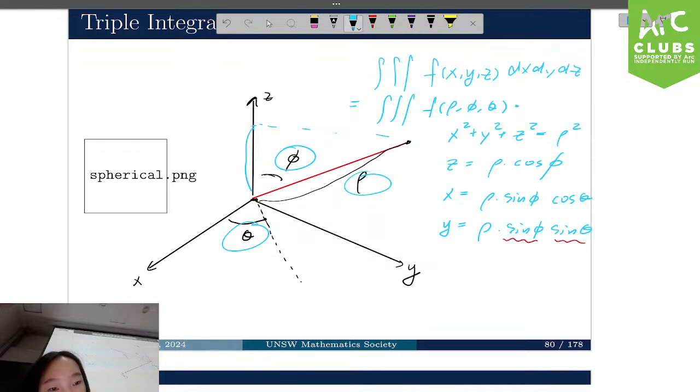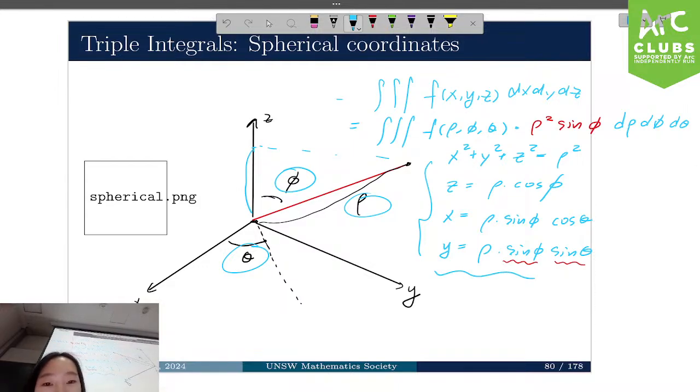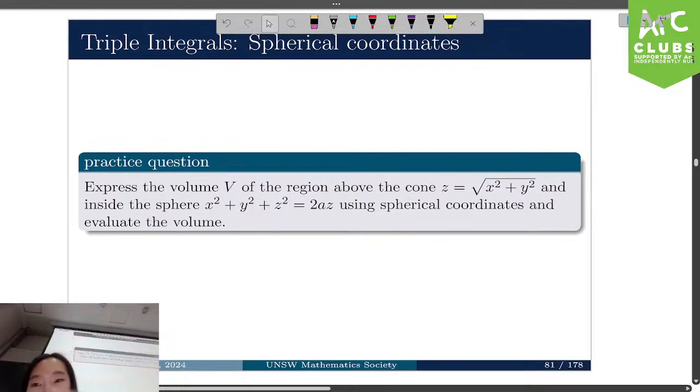And inside of the integral, very important, we multiply by rho squared sine phi d rho d phi d theta. Okay, so there are four formulas, as in the previous example with cylindrical coordinates. For spherical coordinates, we have four important formulas and one integral as well. So 4 plus 1. Spherical coordinates. Wonderful.